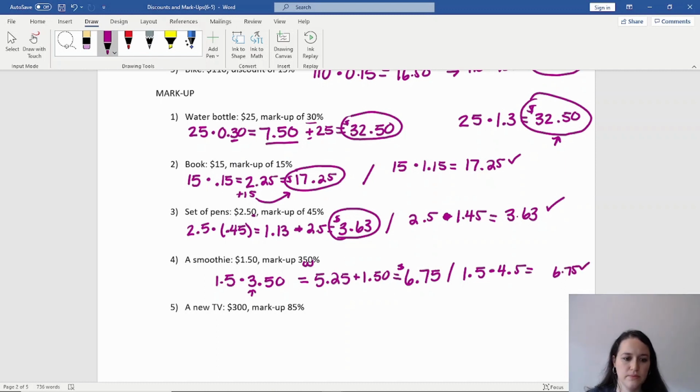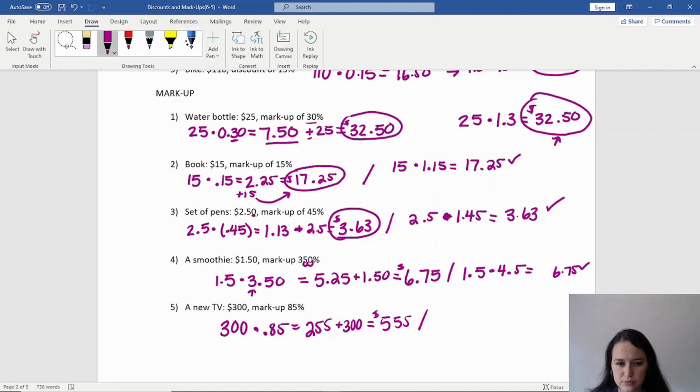Okay, last one. $300 TV with an 85% markup. That's a lot. I'm going to be adding $255 to my 300, which is going to give me $555 as the final cost of this TV.